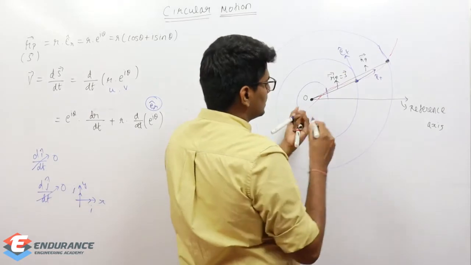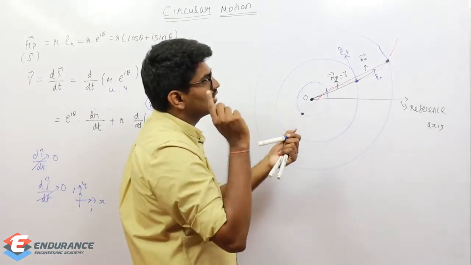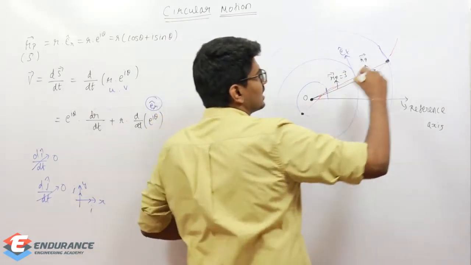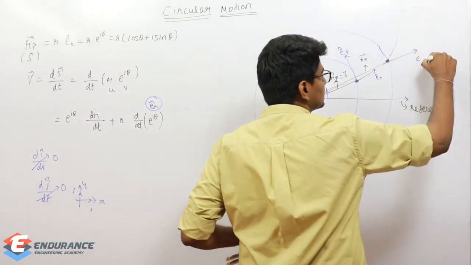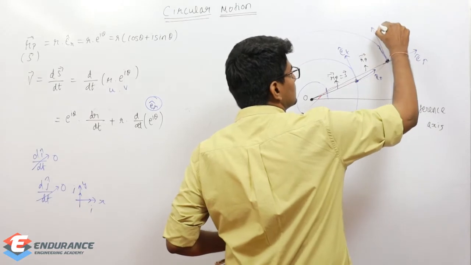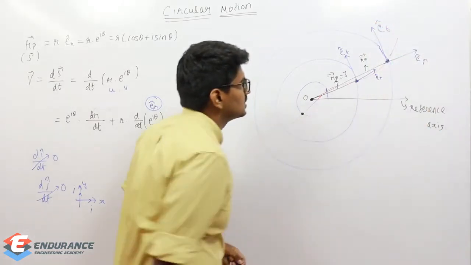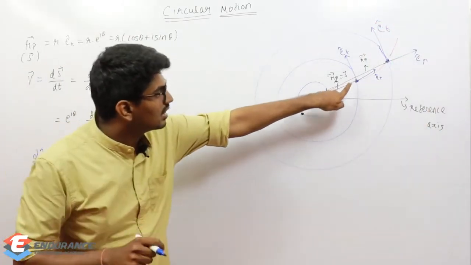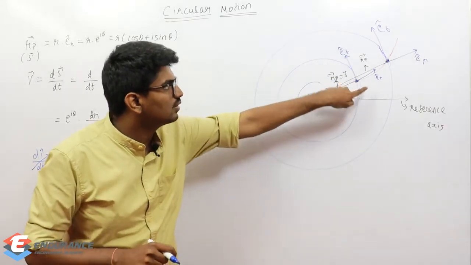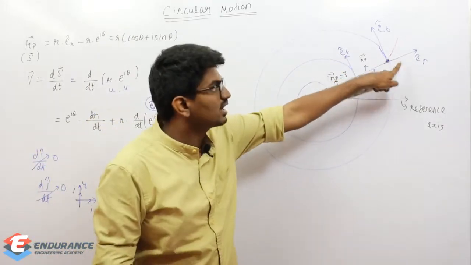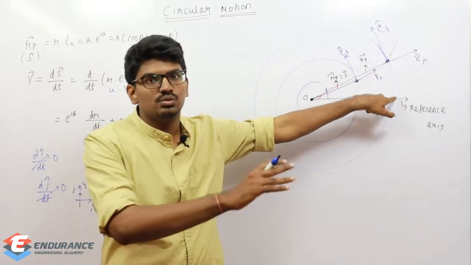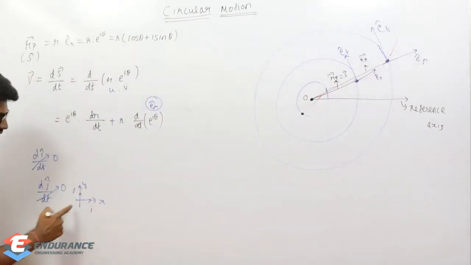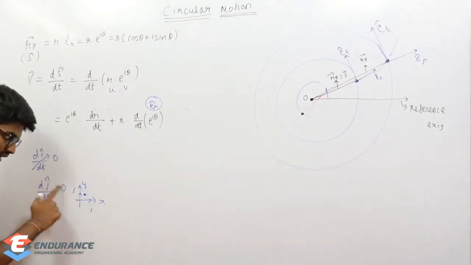The tangential unit vector is going to be this, and the radial unit vector is going to be this. So initially when the particle was here, these were my unit vectors; now these are my unit vectors. So unit vectors are also varying when the particle moves.